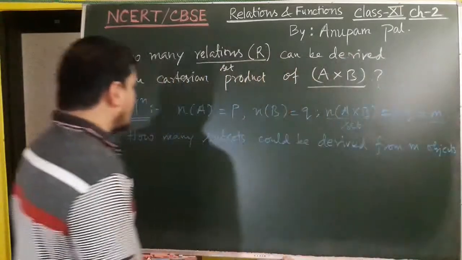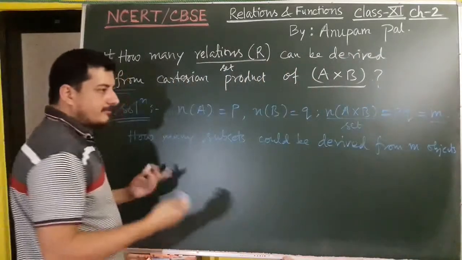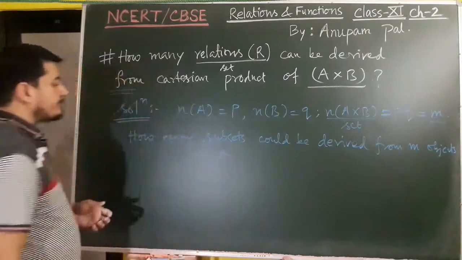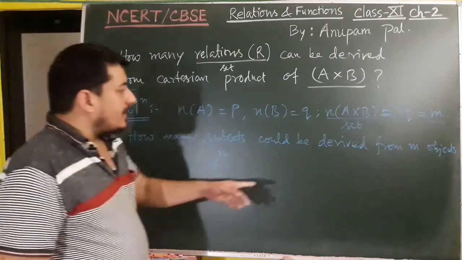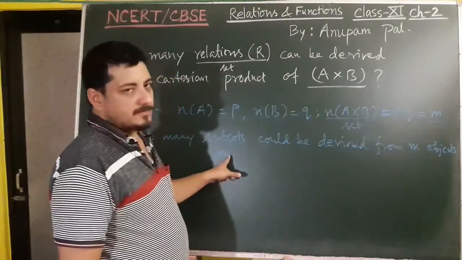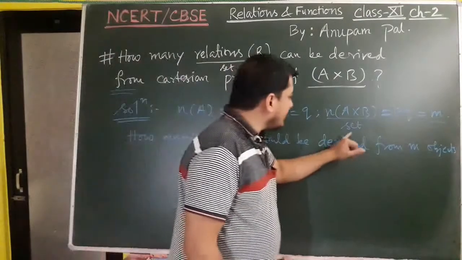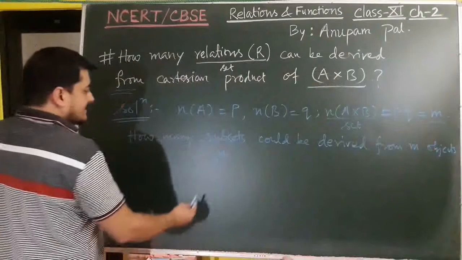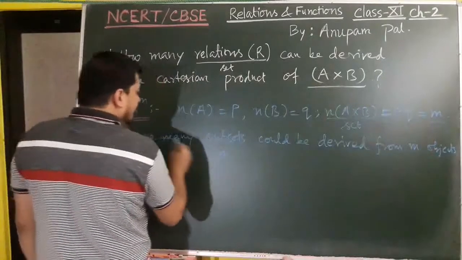You already know that, you have read it in the first chapter. The number is 2 raised to M. You can also write it as 2 raised to PQ, that is the same. So from M elements you can construct 2 raised to M subsets.